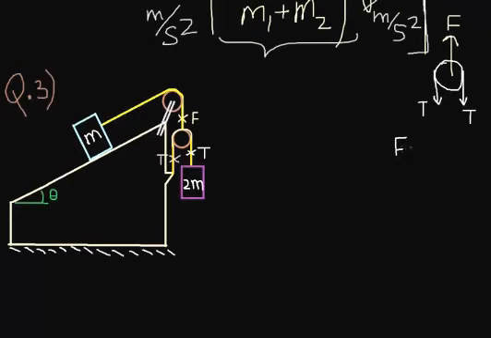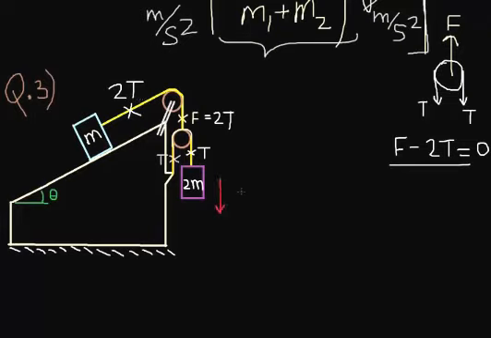So the total force, that is F minus 2T, equals 0. From here we conclude that F equals 2T. And since this thread is the same all the way till the mass M, the tension in this thread is also 2T.